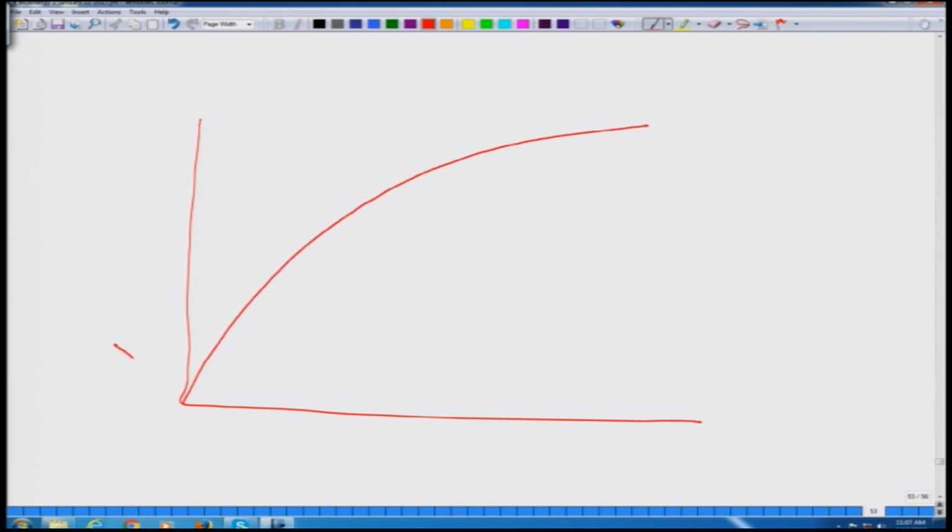This is what I just explained: the rate of photosynthesis and the light intensity. What you are seeing is that this is where the limiting value is being approached.